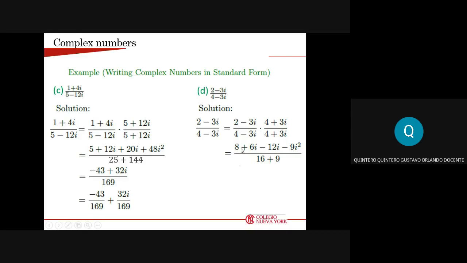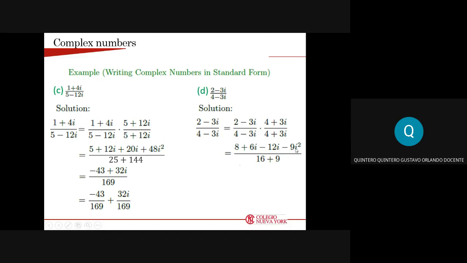So 2 times 4, 8. 2 times 3i is 6i. Negative 3i times 4, this will be negative 12i. And negative 3i times positive 3i, negative 9, i times i squared. This 9 will be positive because of the i squared, right?